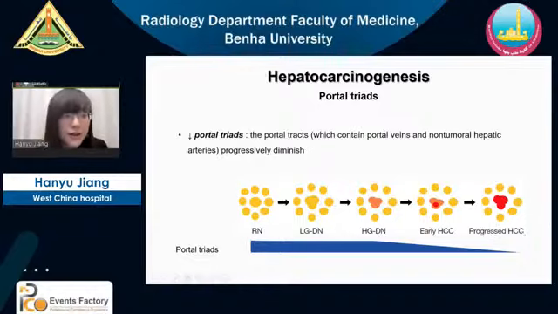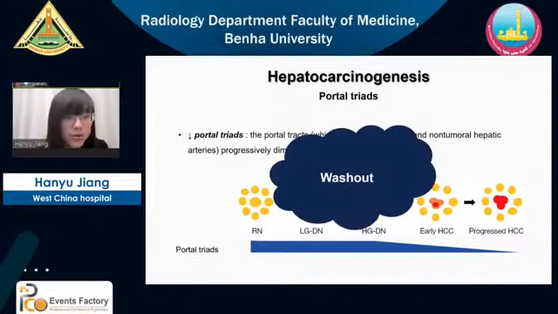Reduction in portal triads results in the washout appearance on contrast-enhanced imaging. So collectively, these hemodynamic alterations constitute the backbone of most non-invasive HCC diagnostic criteria, namely the wash-in and washout appearance.